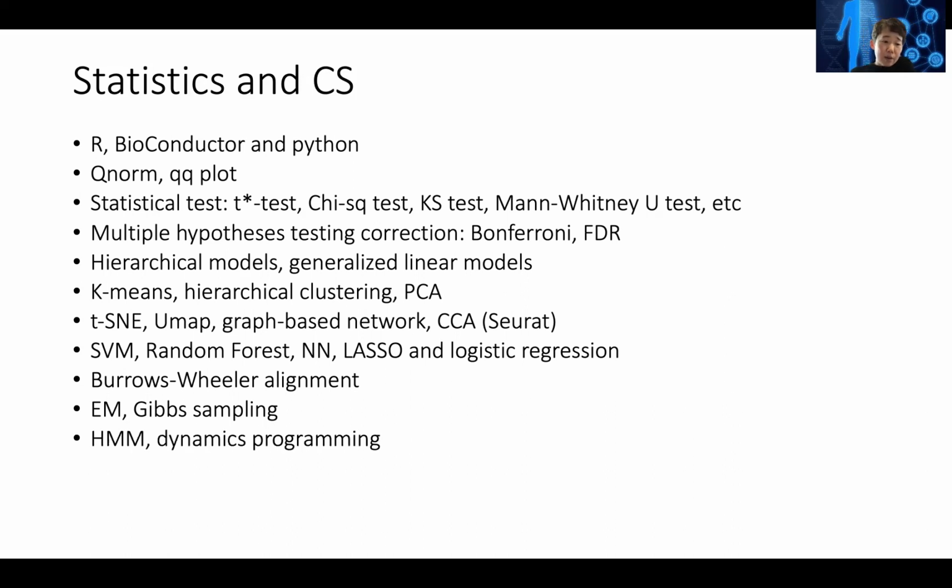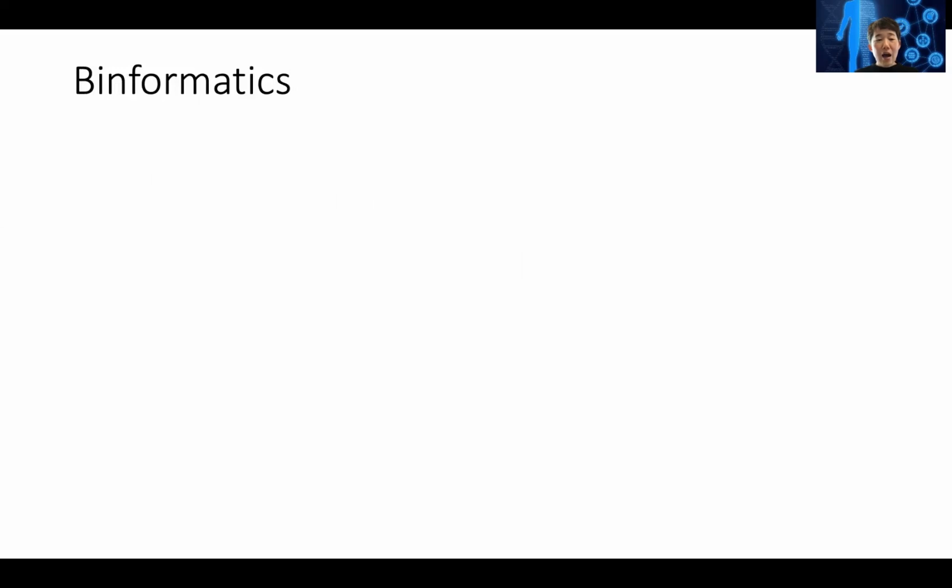We also talk about hidden Markov model and dynamic programming and how to use those to identify cell state, to identify TAD domains, CpG islands, and the copy number changes and things like that. And also we talk about survival analysis, right? And finally, we touched on many, many different bioinformatics algorithms.